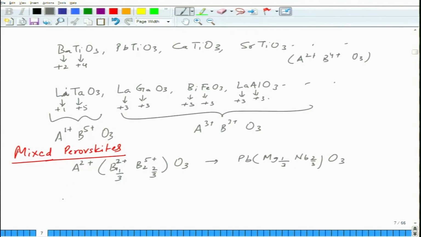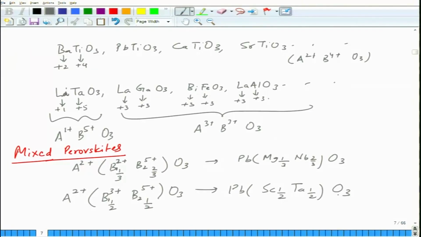Similarly, you can have A2+, B1 3+ half, then another B2 you can take half as 5+, O3. So this is, for example, lead scandium tantalate. Okay. So these are certain examples of perovskites.